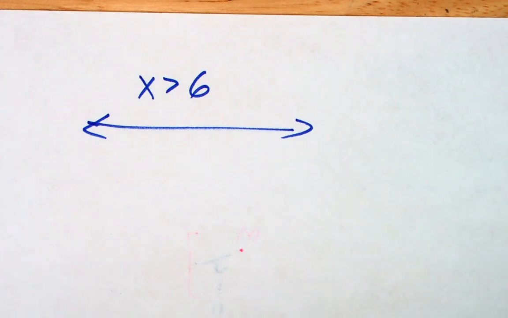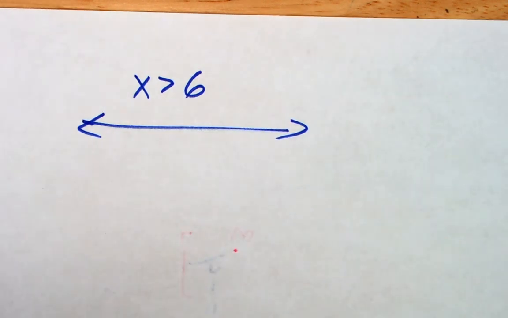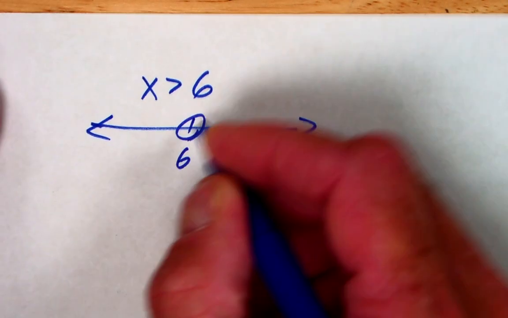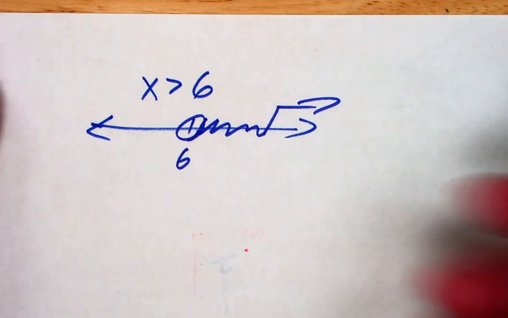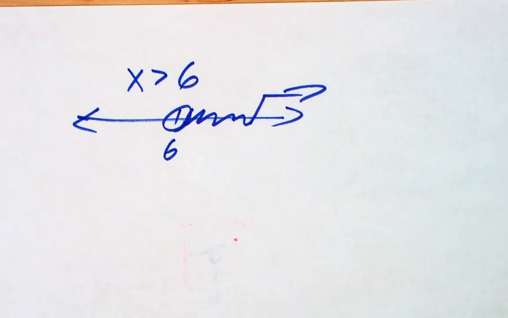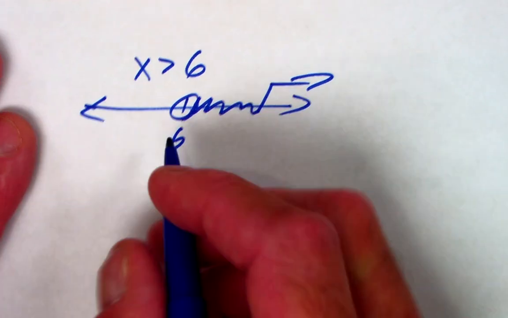Okay, just label it 6. Is that open circle? Good. Okay? It seems very basic, but it's just one thing. As long as it's clear which side you're shading, you're in good shape. Okay? Do another one.